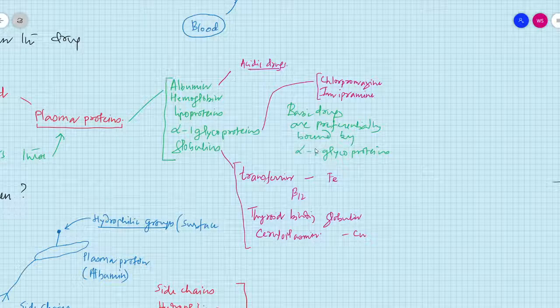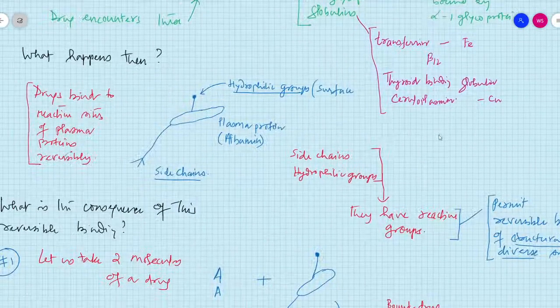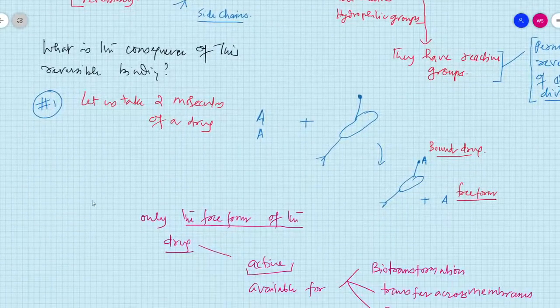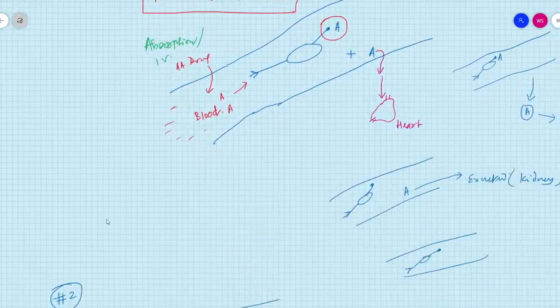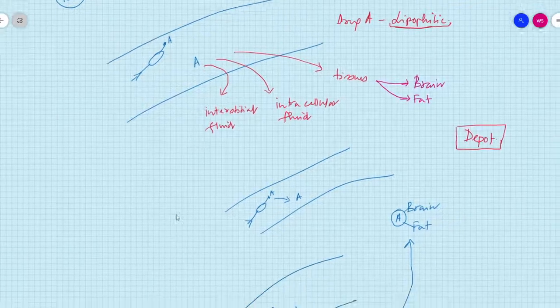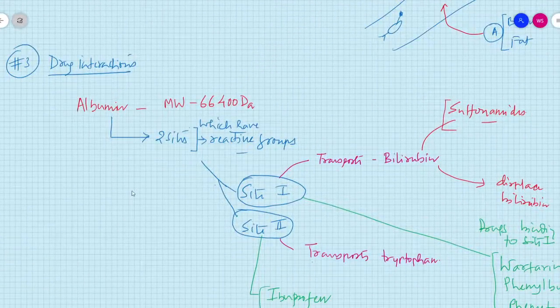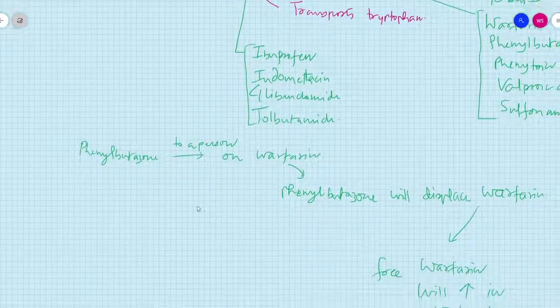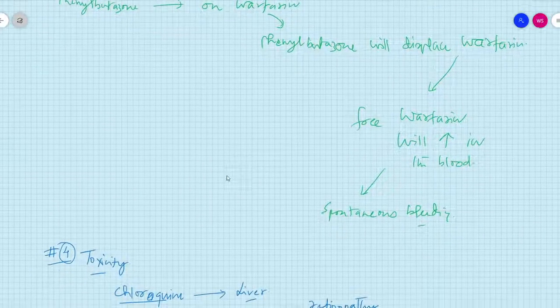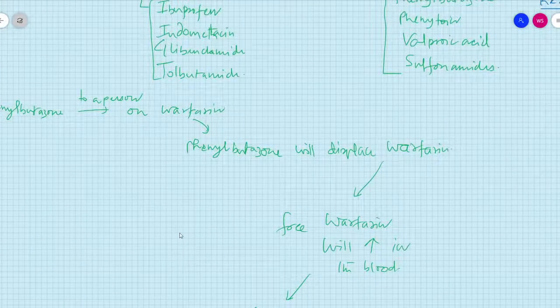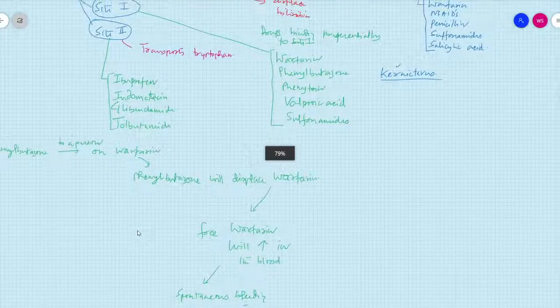And the important drug interactions we talked about were displacement drug interactions. Do you remember that? We talked about phenylbutazone. Let's see if we can write more examples here.